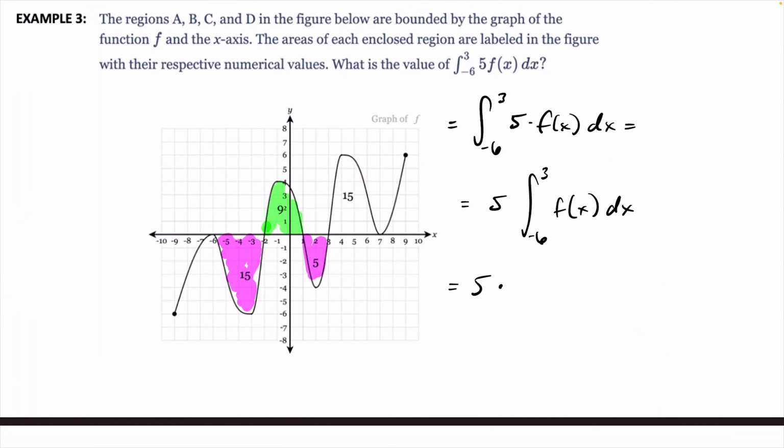So 5 times 29. Is that the correct answer? No. Why not? Yeah. So either subtract the bottom or turn them negative. So 15 needs to be negative, or you can subtract. You can do it 2 ways.